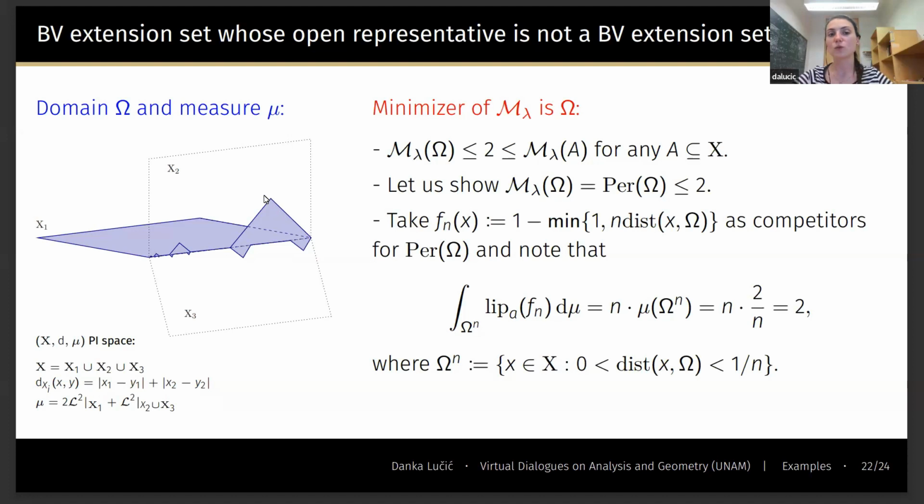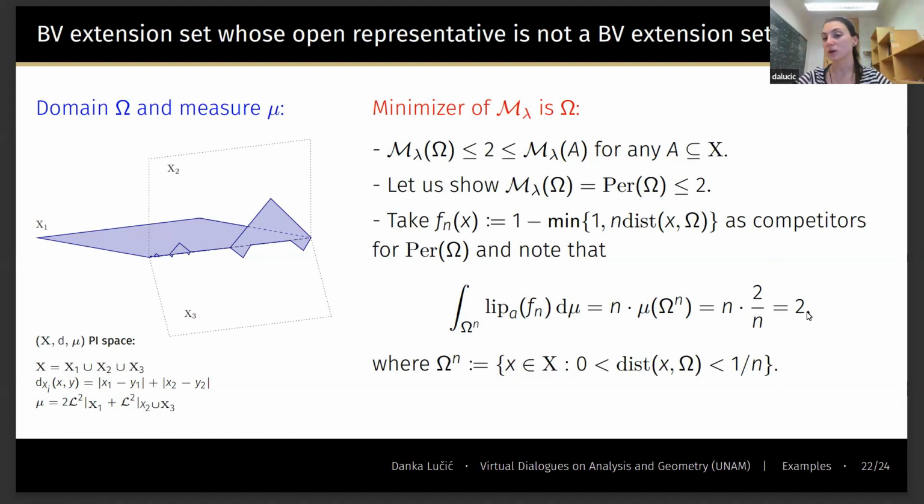Now if you want to compute the energy of those approximates of the characteristic function of our domain, the energy is nothing but n, which is the slope, the asymptotic Lipschitz constant of this function, times the measure of this neighborhood, which, as the neighborhood is such as I said, can be computed and seen to be 2 over n.